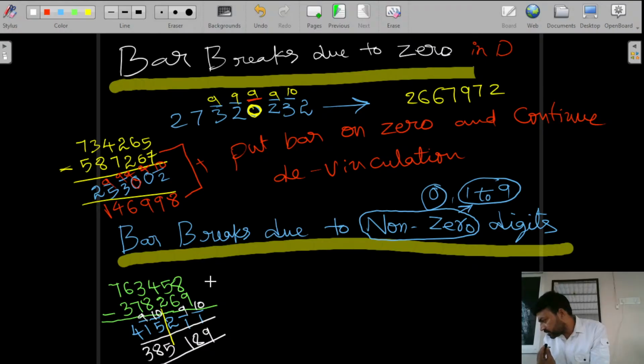Good. Fine. So this is the concept of devinculation. With this tiny concept, the devinculation concept is over. So from now onwards, you need not borrow from numbers. You can completely remove the borrowing concept.